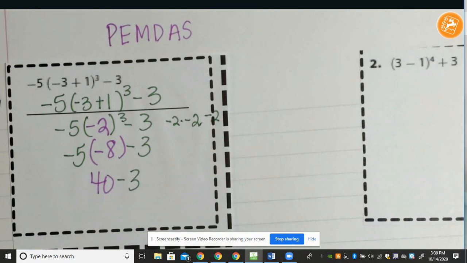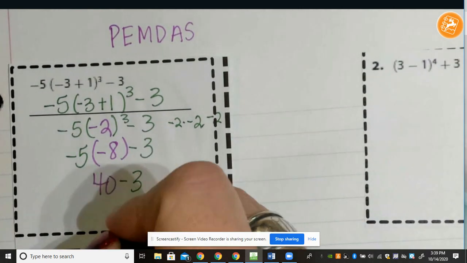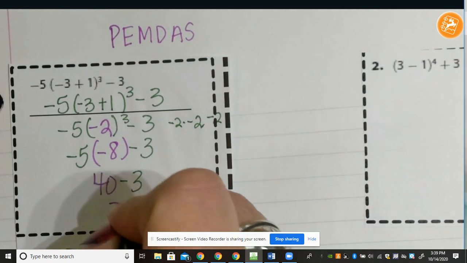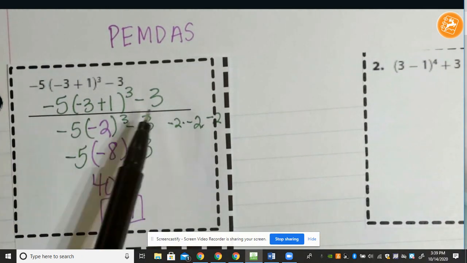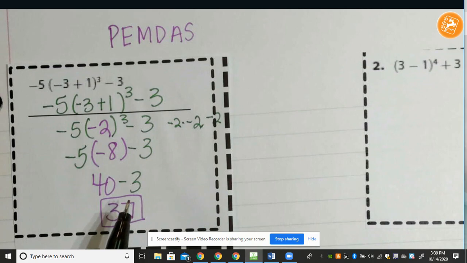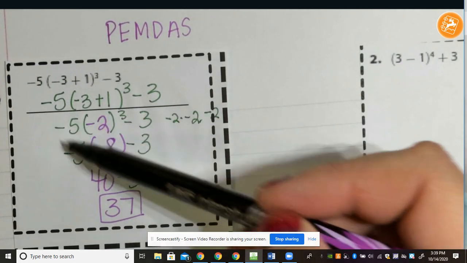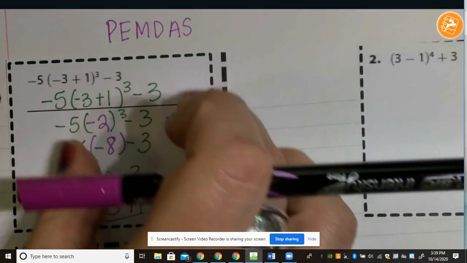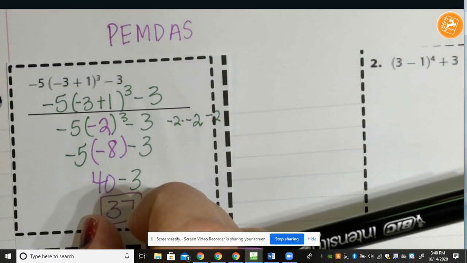I can't forget to do that. Then 40 minus 3 gives me 37. So my answer to this long problem is 37. And do you see how it went? It kind of forms a V. So you start here and then it slowly comes down to finishing as one answer, one single number.